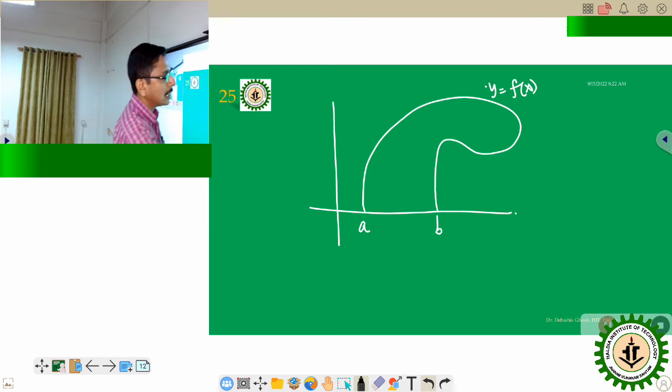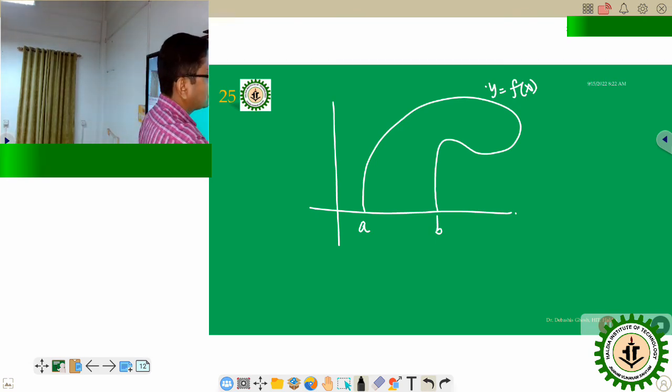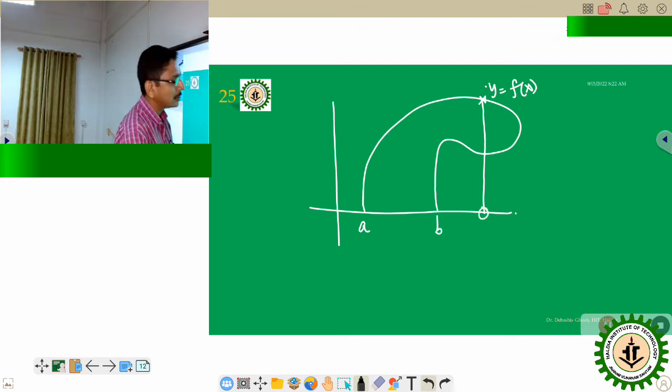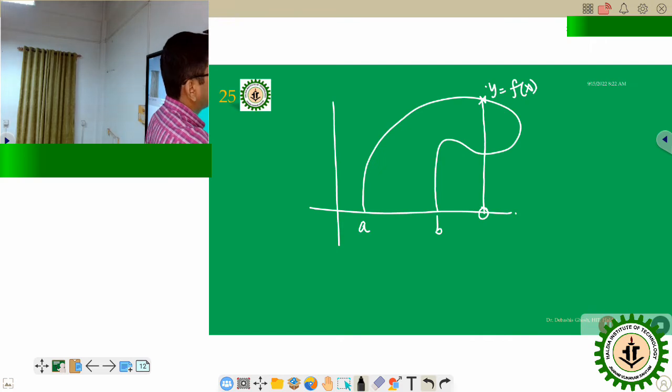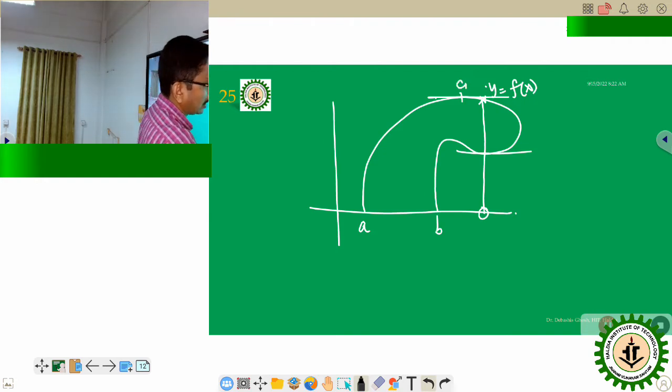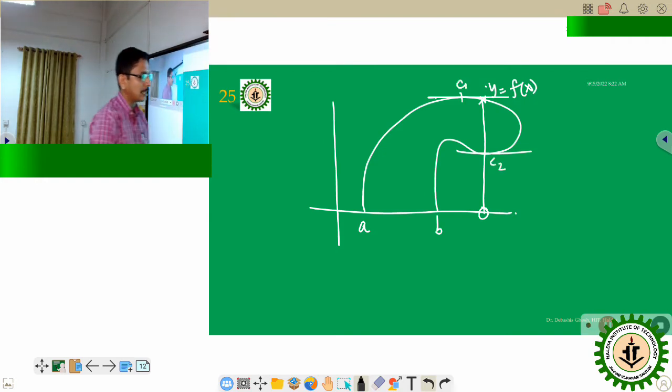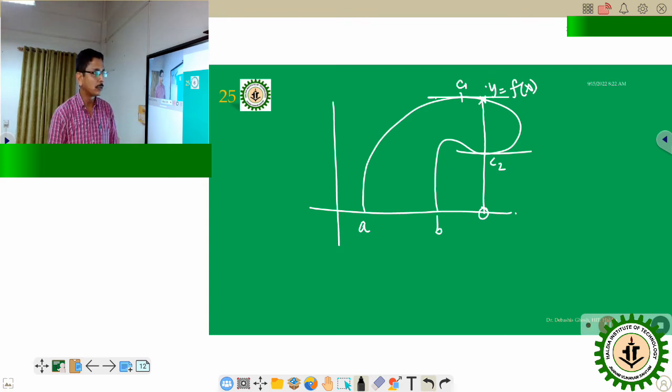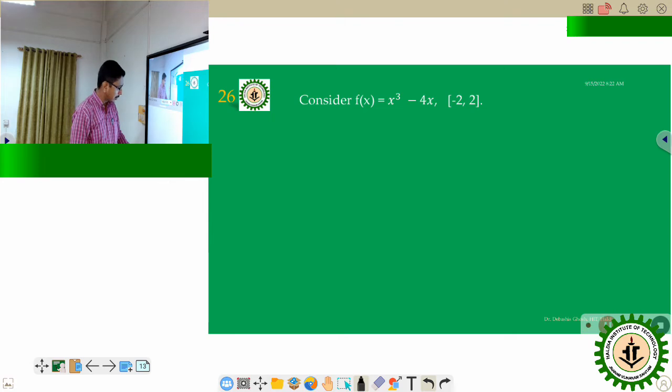If you consider any functional value here, being continuous, it has two values. Such functions could not be considered here for satisfying Rolle's theorem, because you have two points with tangent parallel to the x-axis, and both the points are outside the interval. The points which we can consider to be c1 and c2 are lying outside that interval. So it will not satisfy Rolle's theorem, and therefore we are getting points which do not lie inside the interval AB. So the single valued criterion is one of the most important criteria.